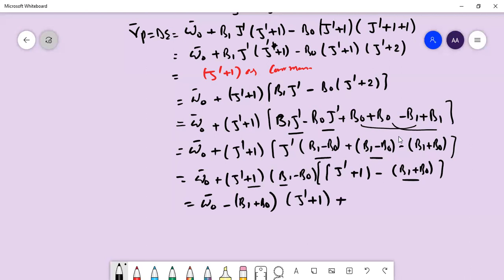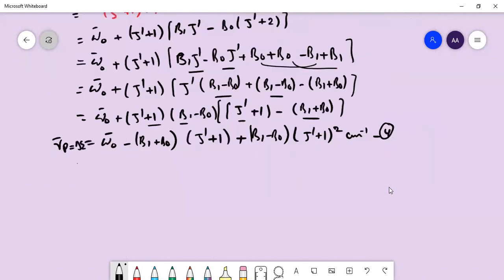And if you multiply this term with this, it will be B1 minus B naught into J dash plus 1 whole square, centimeter inverse. And this is our equation number 4. This is the equation for our mu bar P, or I can say delta E, for the P branches when your delta J is equal to -1.